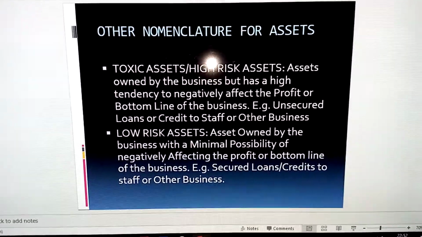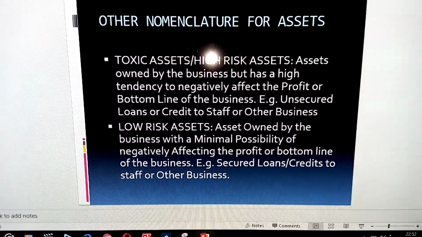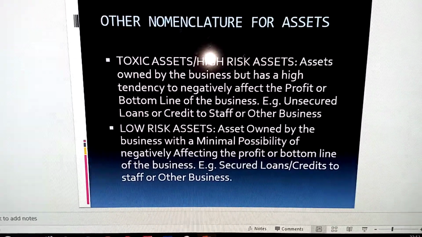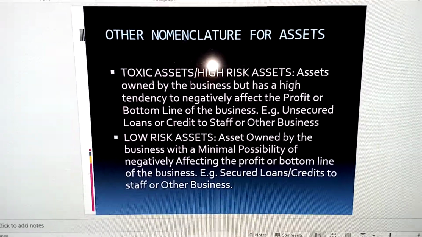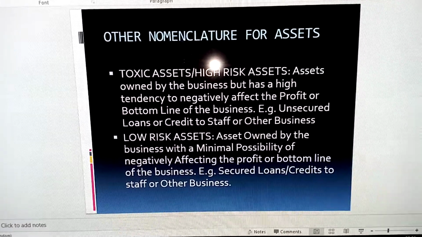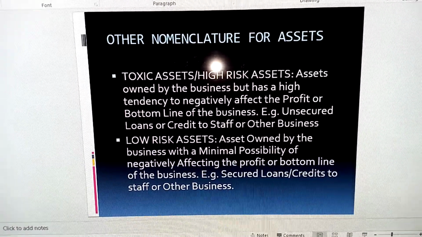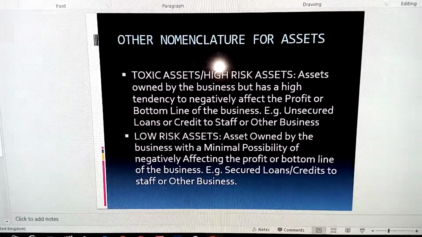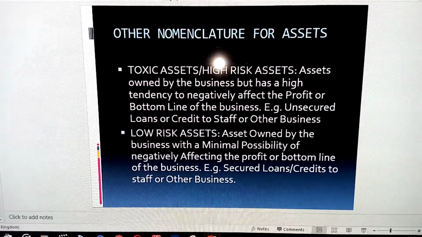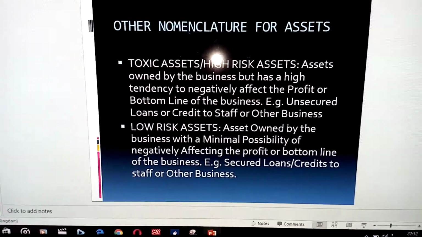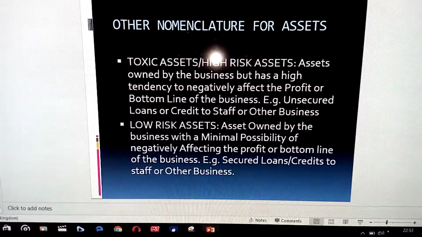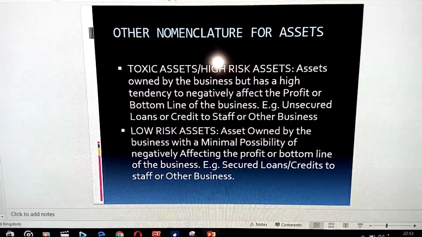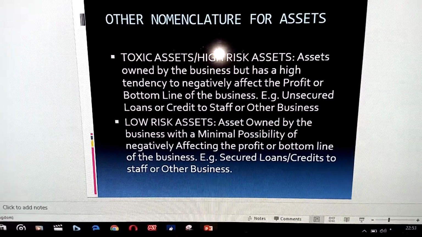So when there is an asset that has a high tendency of negatively affecting our profit, it is referred to as a toxic asset or a high risk asset. But when there is an asset that has a minimal possibility of affecting the profit or bottom line of the business, we refer to it as a low risk asset.